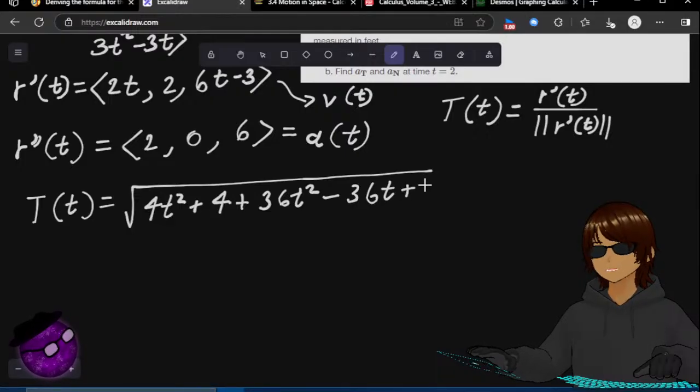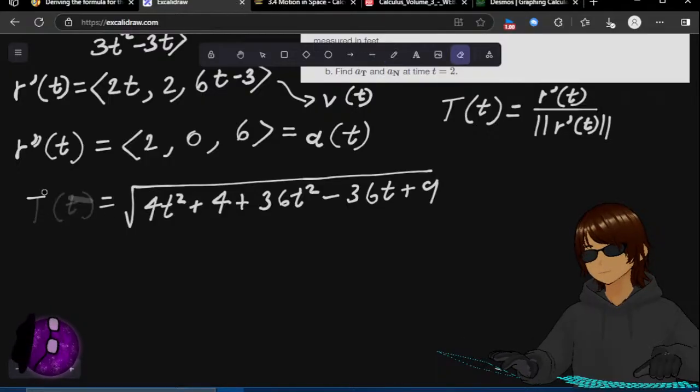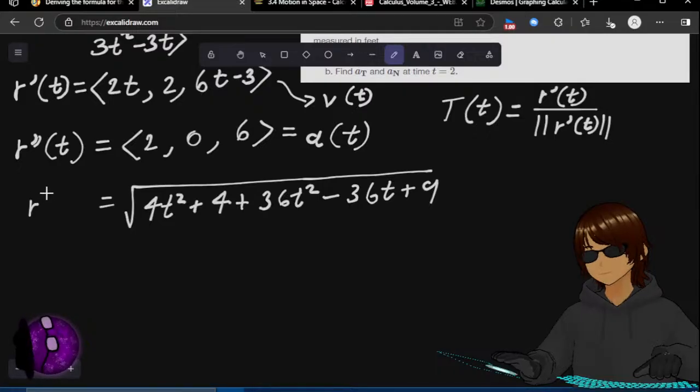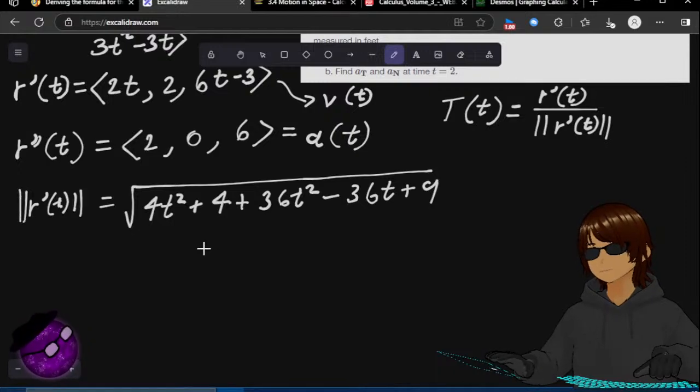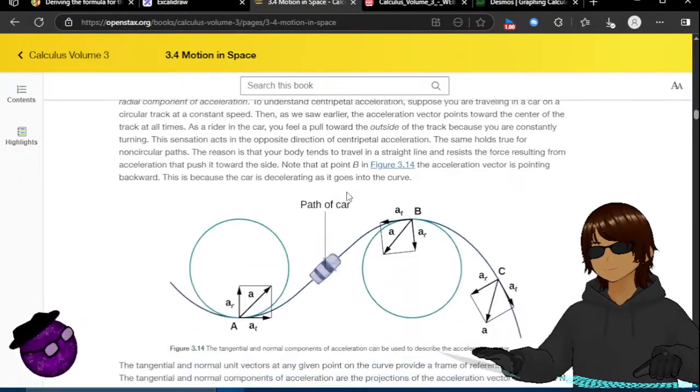Then 3 times 3, 9. Is this correct? Do we need it at a specific point?